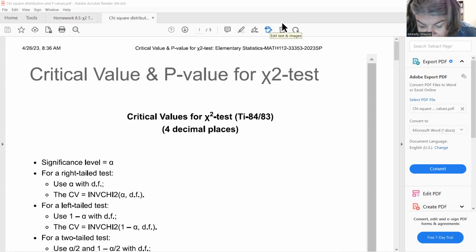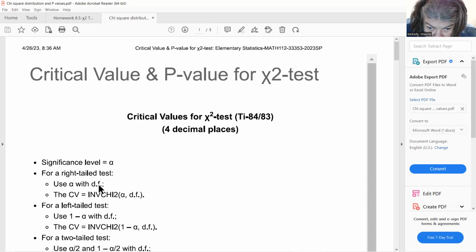So remember, critical values apply if you're using the traditional approach, and you're going to be using your inverse chi program that you used previously when you were doing confidence intervals for the standard deviation and the variance. So your significance level is alpha.